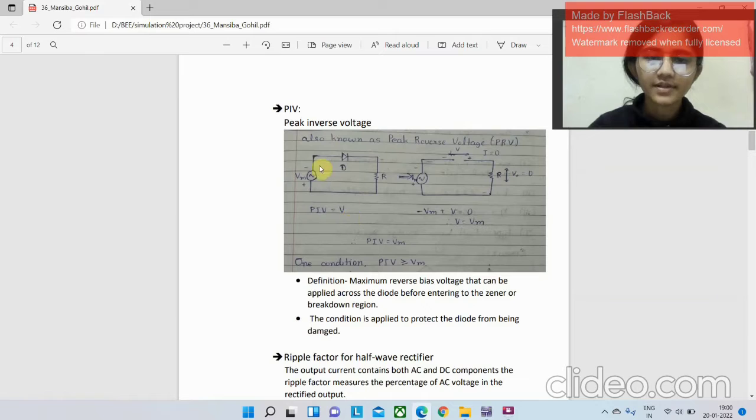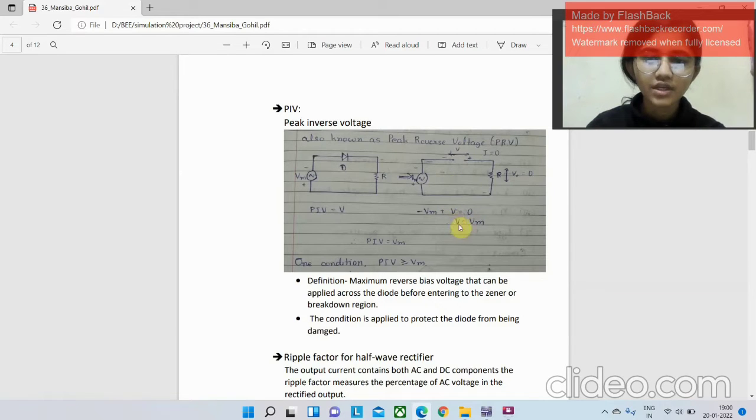Now, in order to explain that, I have taken a simple half-wave rectifier circuit, and as we want to find the PIV, the diode will be in the negative cycle, meaning that it will be in the reverse bias, so the diode will act as an open circuit. And I have taken V as the voltage across the diode.